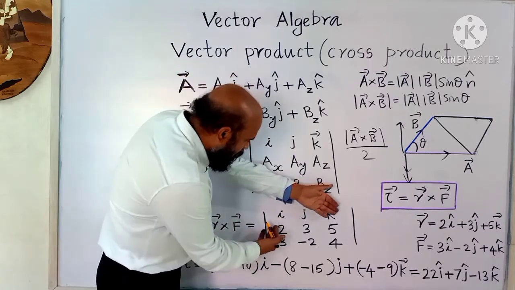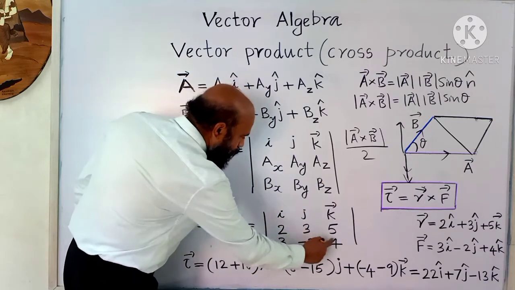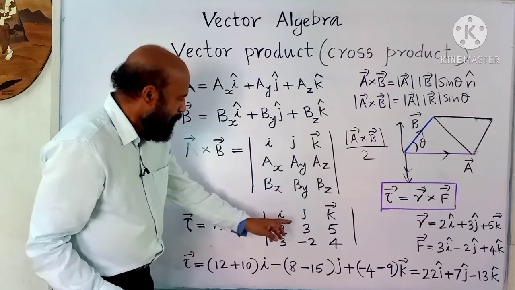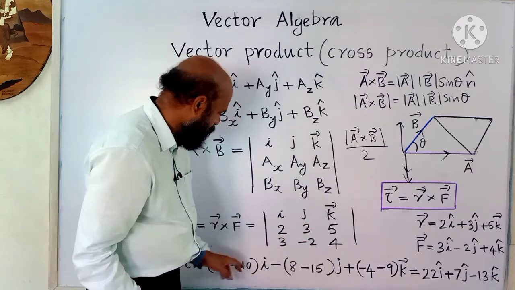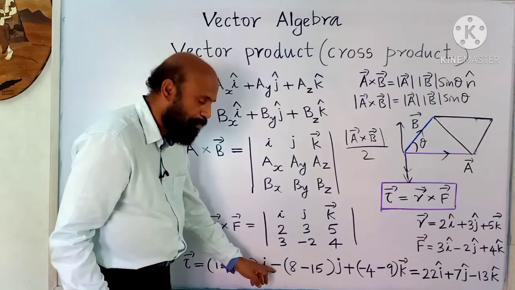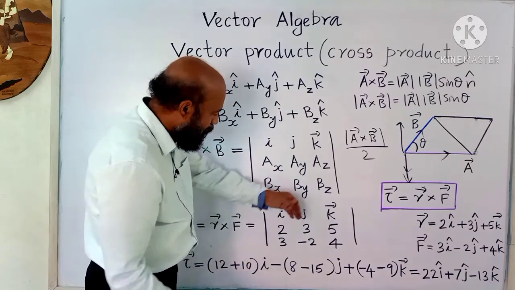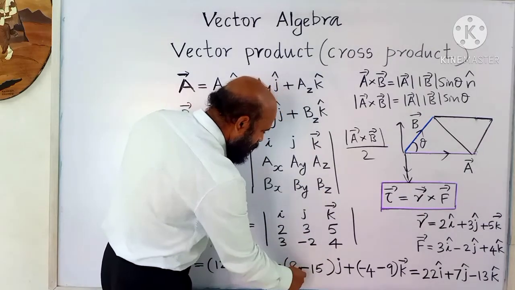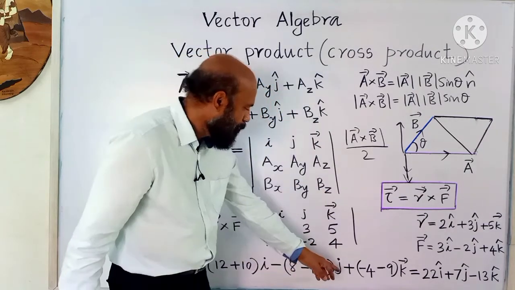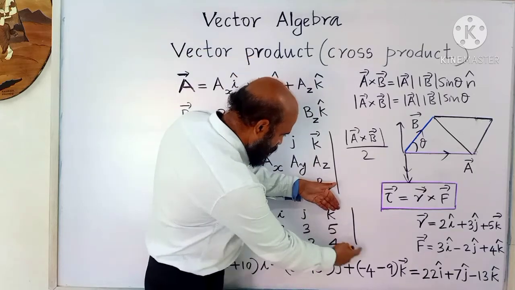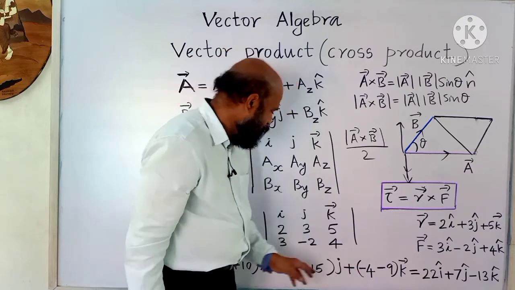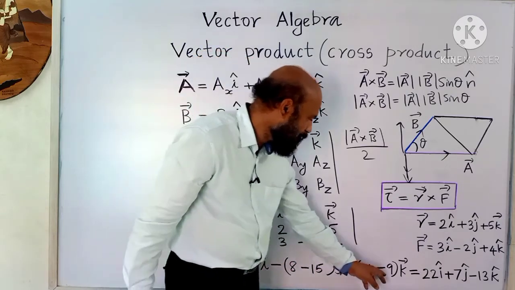When you take i, 12 minus 10, so plus 10. Then j, with a minus sign: 4 into 2 is 8, minus 15. Then k: 2 into minus 2 is minus 4, minus 9.